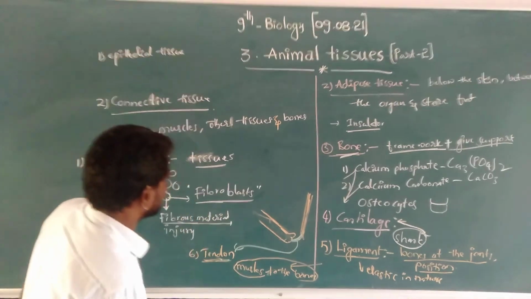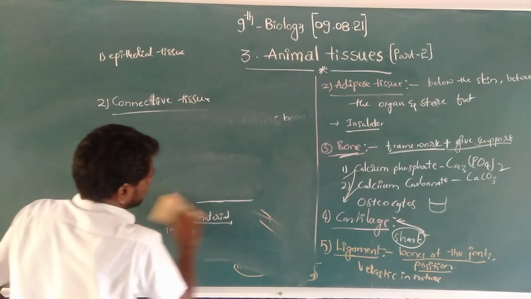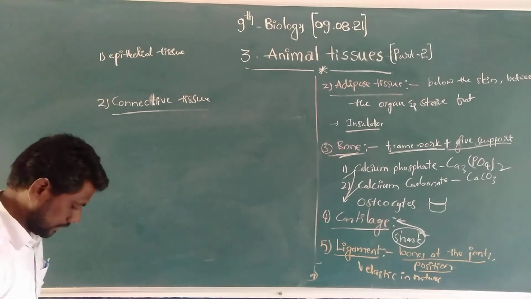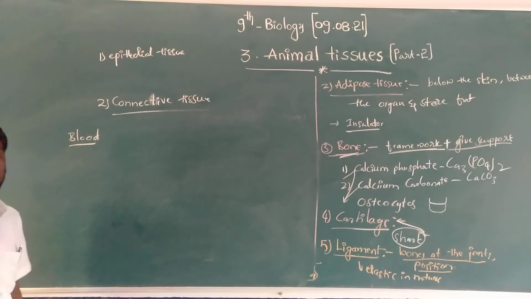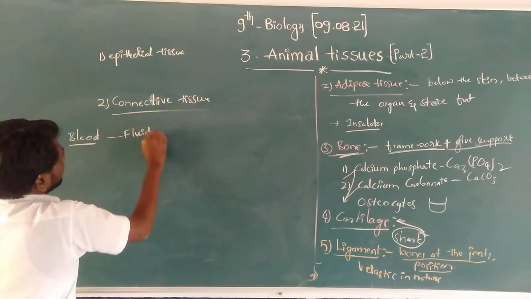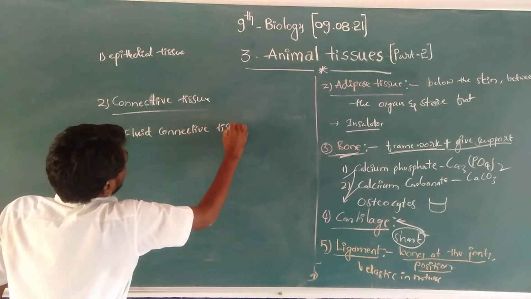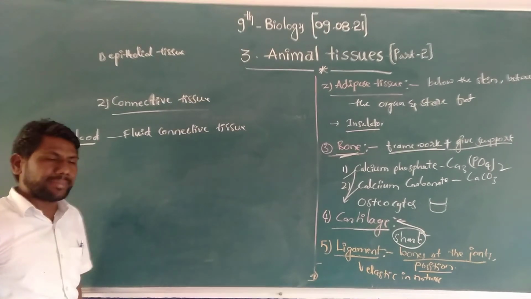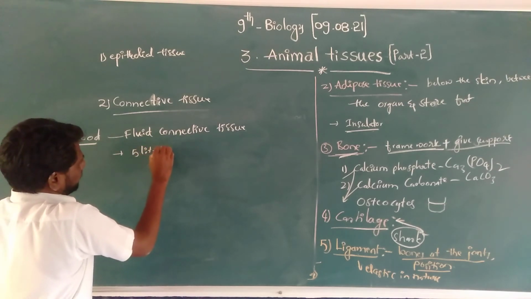Next, we have to see another connective tissue, the last one: blood. Blood is a fluid connective tissue. The adult human being consists of 5 liters of blood.